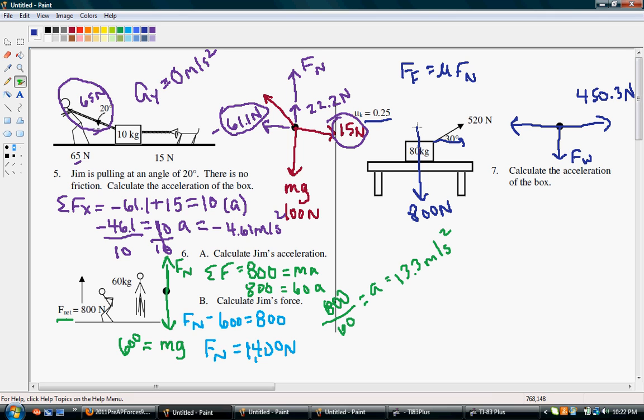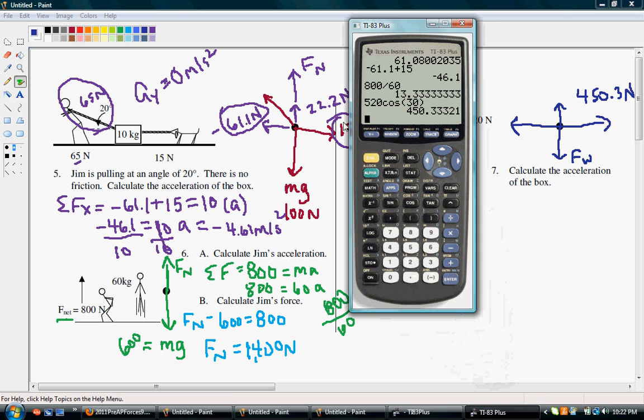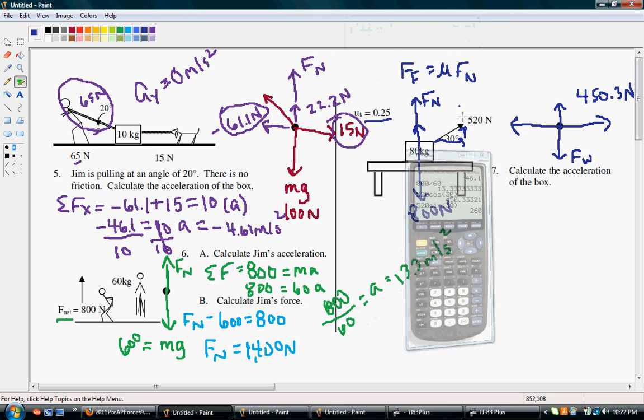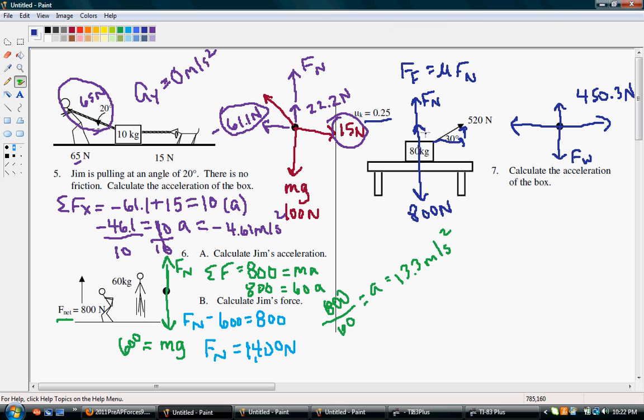There's also an applied force right here in the y direction that is lifting up on the box, and there's also the normal force that the table's applying. We need to figure out that normal force. Okay, so we figure out the y component of this applied force by saying 520 sine 30. So 520 sine 30, and we get 260. So this is 260 newtons up.